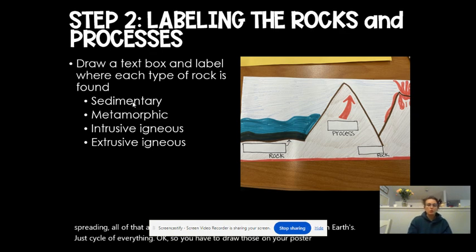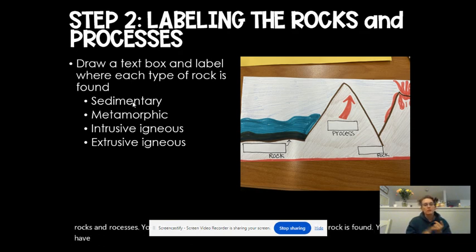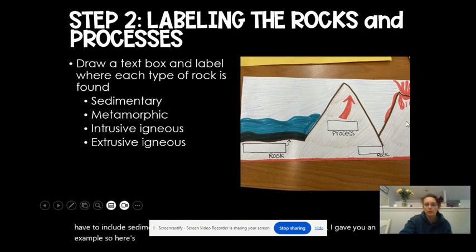Then, step 2, labeling the rocks and processes. You are going to draw a text box and label where each rock is found. You have to include sedimentary, metamorphic, intrusive, and extrusive igneous. I gave you an example. So here's my mountain, here's my volcano. Right here I just drew a text box. I'm not going to give you the answer here, but there's a type of rock that is forming down under the ocean.